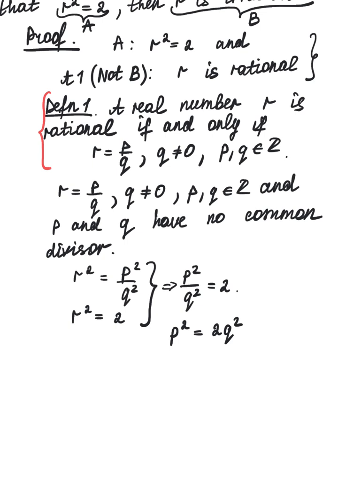Now let us stop and look at this equation. What does it mean? p squared equals 2q squared. It means that p squared is even. When p is an integer and p squared is even, it means that p is even.